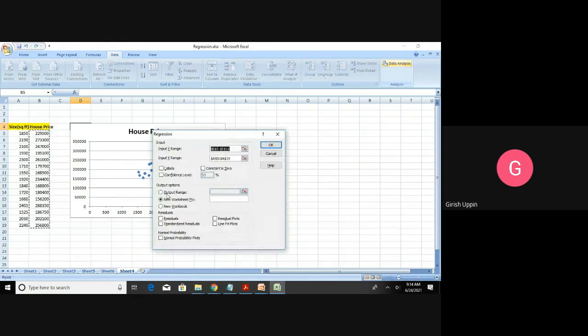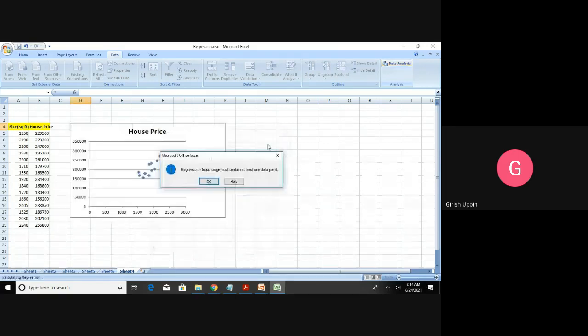By default it is shown in a new worksheet, so you can put it on the same worksheet. Earlier it was a new worksheet, that's why it created a new worksheet. If you want to see everything on the same sheet, then you can select this output range and say okay.